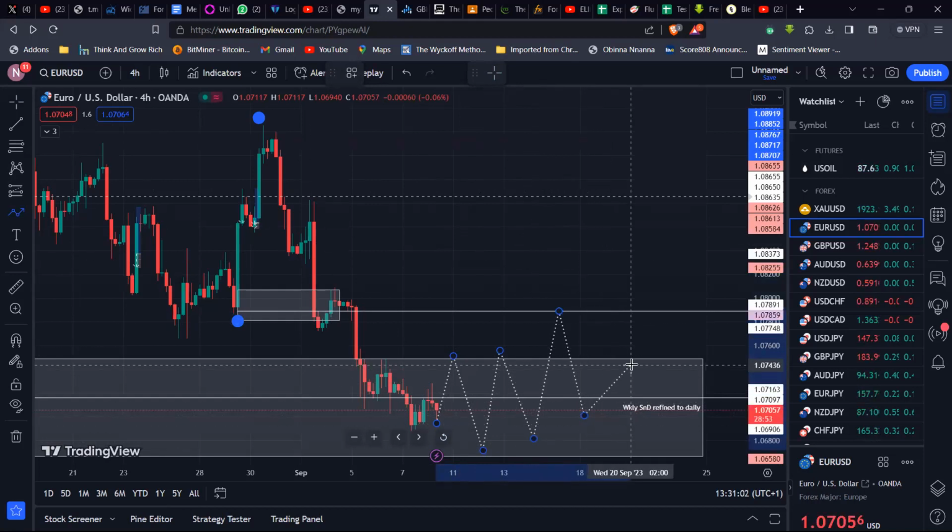Within this area, price begins to range and then begins to present itself. And then I see something like this, right? Well, what will happen is as price pulls back, I'll be looking for that confirmation to buy.